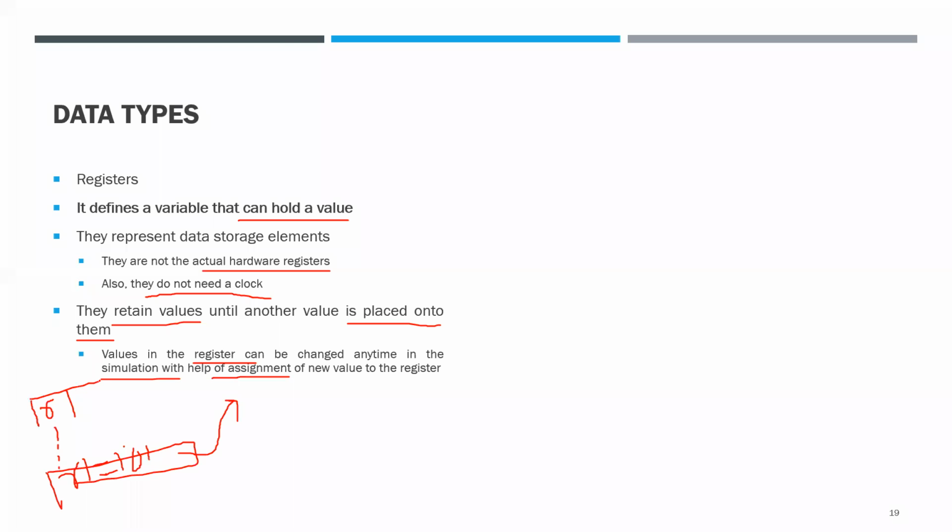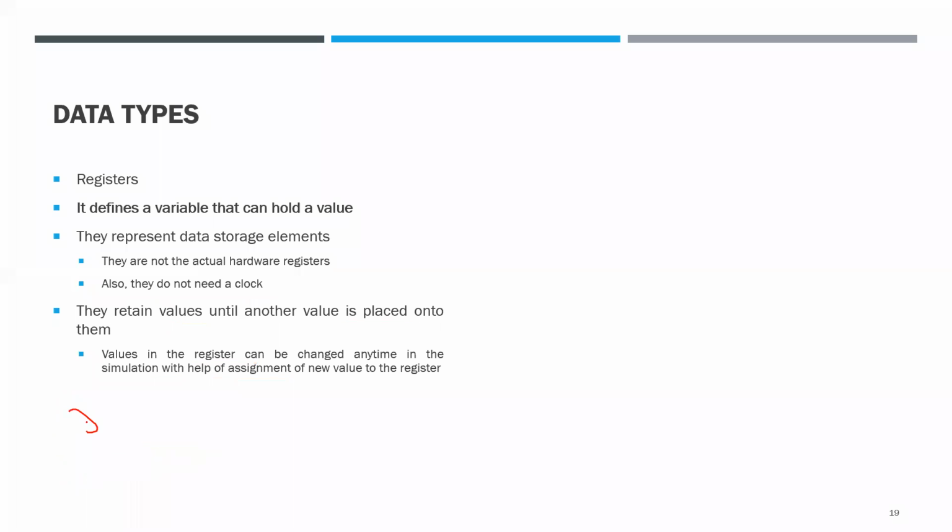Now, if you have declared a register but haven't assigned anything, then you should have some default value in it. Generally the default value is the unknown value, that is X. So by default, a register stores the value X if nothing is assigned.